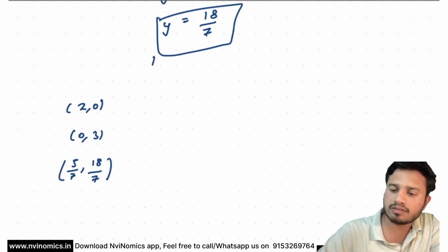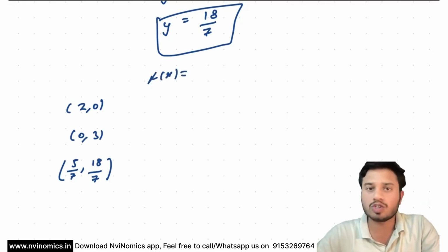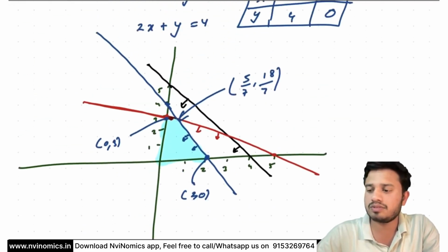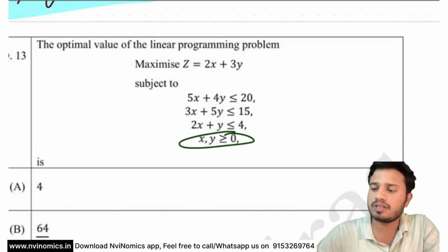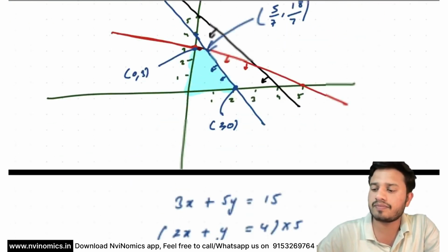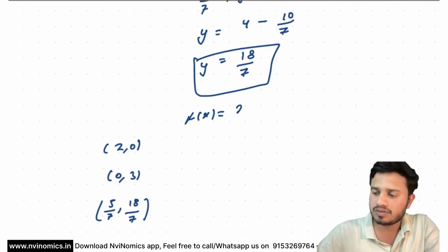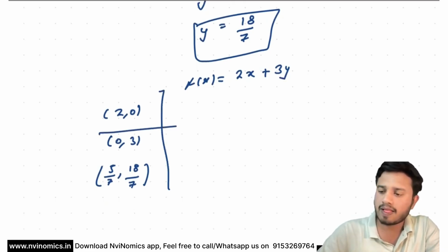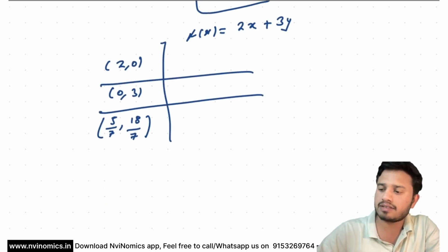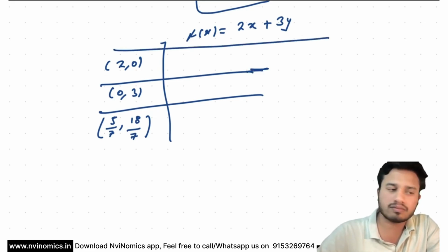And we have the main thing, in economics terms, you say it like a cost function, or profit function we have to maximize. So z equals to 2x plus 3y. Put these all and check where it happens to be the maximum.